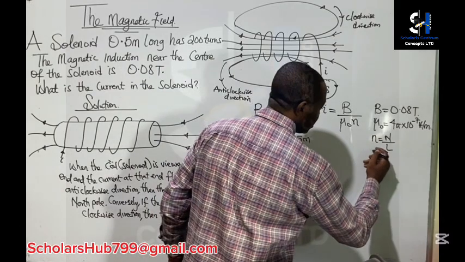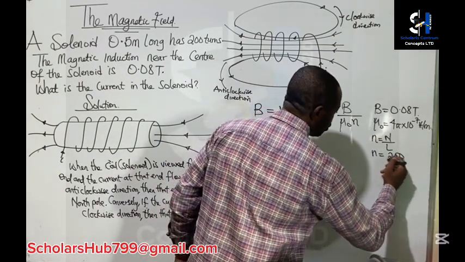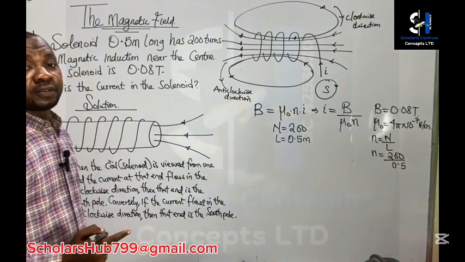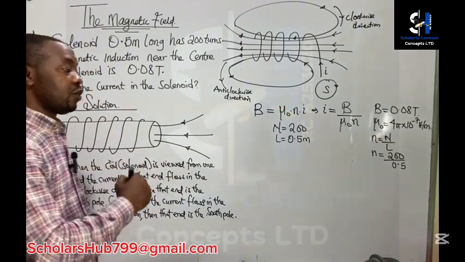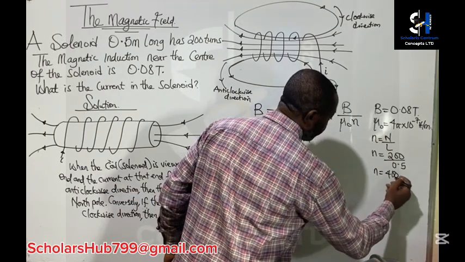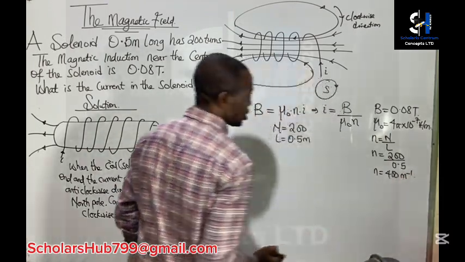So N will be 200 divided by 0.5. Since 0.5 is 1/2, that will be 400.